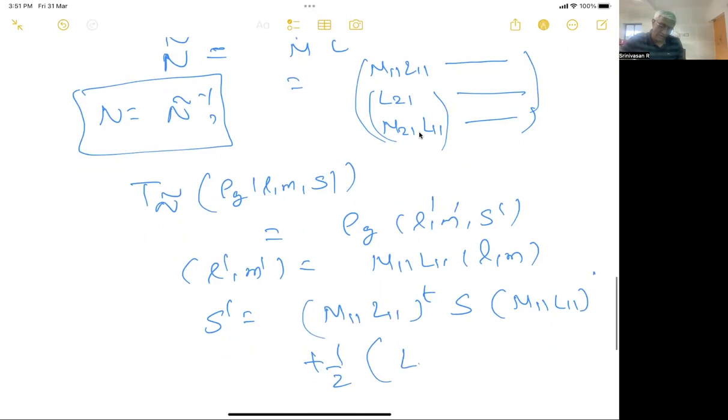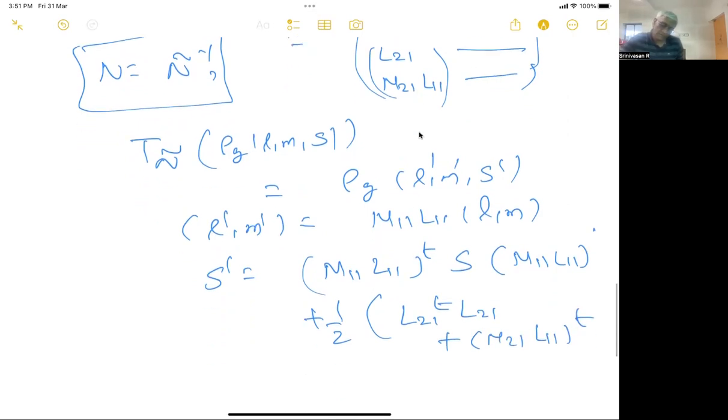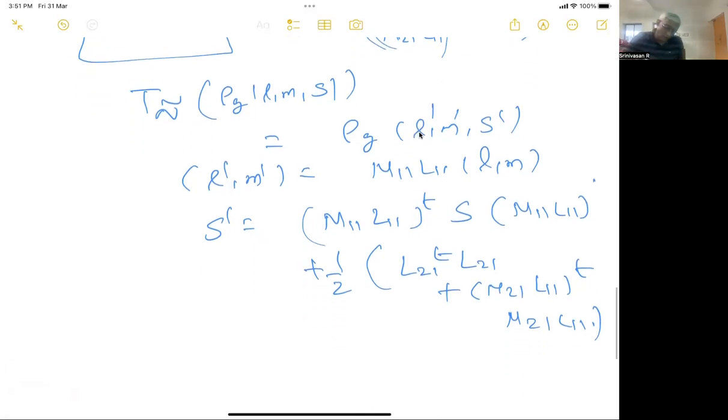That is going to be L21 transpose L21 plus M21 L11 transpose M21 L11. Right. That's all. I have just written the T N tilde, whatever it does for the S prime.